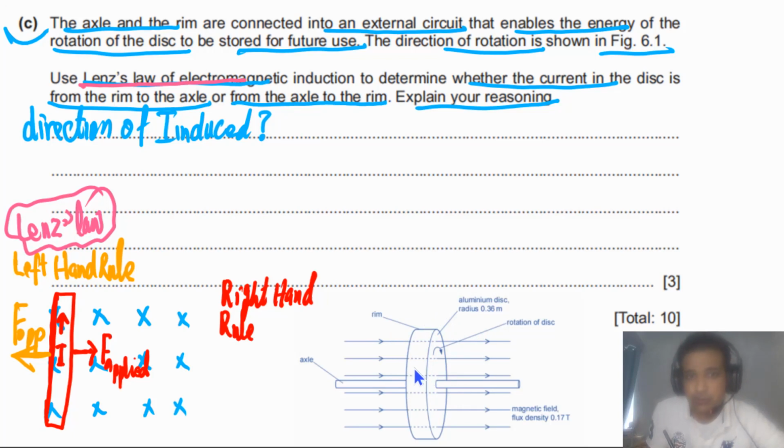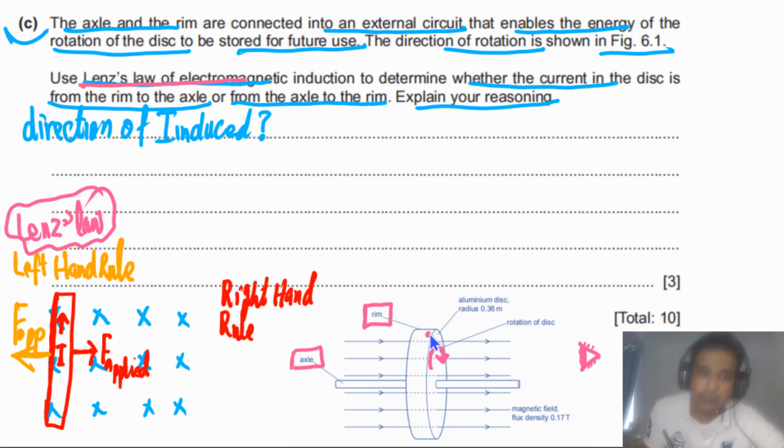If you look at this disc, this is the rim and here we have the axle. So this one is the axle. We need to find out the direction of induced current. Is it from rim to the axle or is it from axle to the rim? We will be looking at this point. So if you look at the direction of rotation of this disc from this side, what we will see is this disc is rotating clockwise.